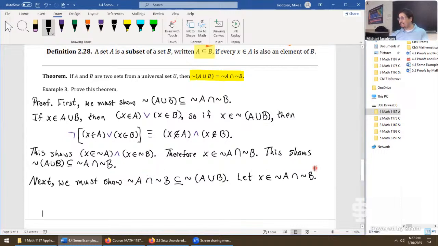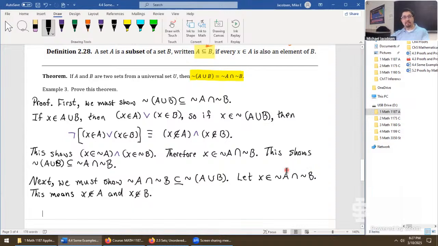Now, once we're here, we should say exactly what this means as carefully as possible. So this means, well, X is in two places at once because of the intersection operator right here. We can say X is not an element of A and X is not an element of B. The not an element of A is because if we're in the intersection, we're in both of these sets.